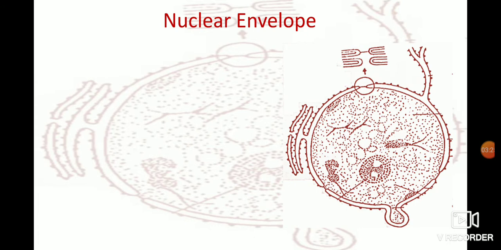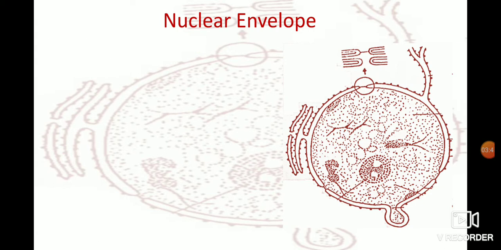First, the nuclear envelope. The nucleus is enclosed by a double membrane called the nuclear envelope or nuclear membrane or karyotheca. The nuclear envelope separates the nucleoplasm from the cytoplasm.